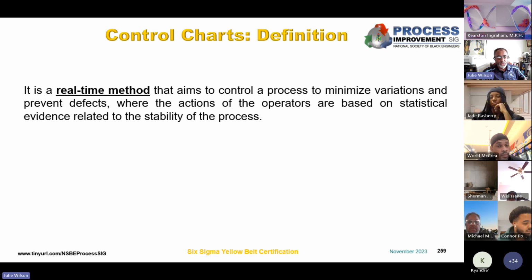Definition of a control chart. It's a real-time method that aims to control a process to minimize variations and prevent defects, where the actions of operators are based on statistical evidence related to the stability of the process. So in other words, these are essentially graphs that are established to prevent people from making adjustments to a process that are either unnecessary or unwarranted, or that are not based on statistical evidence.